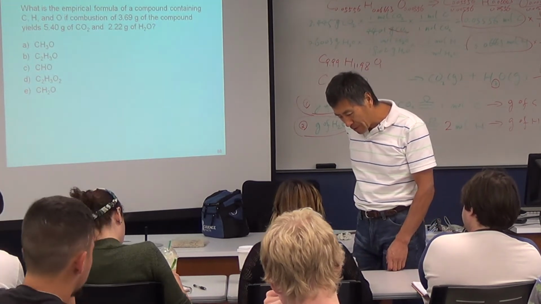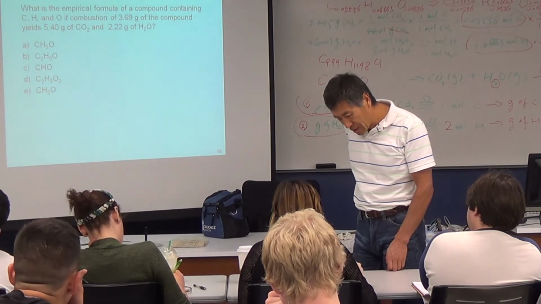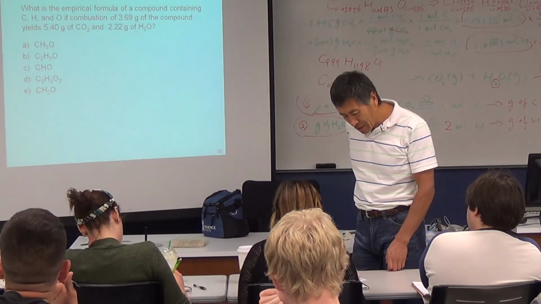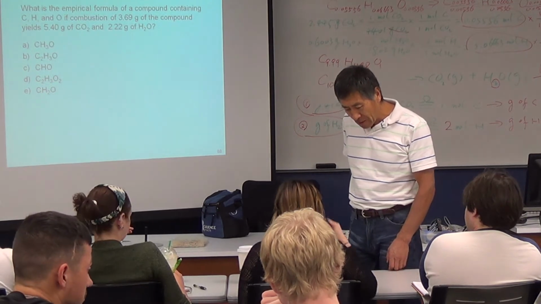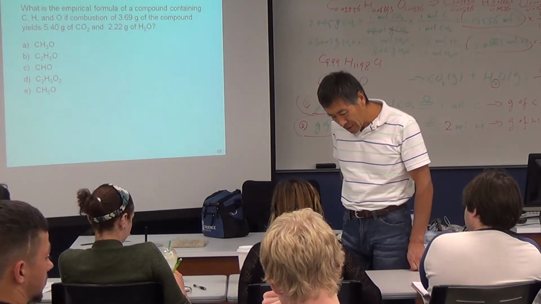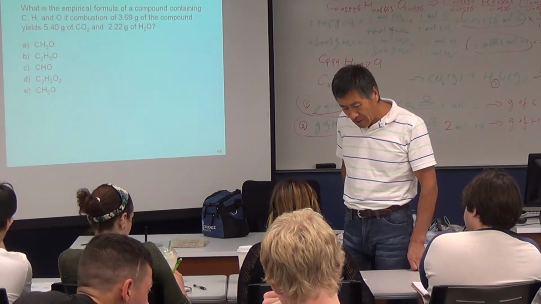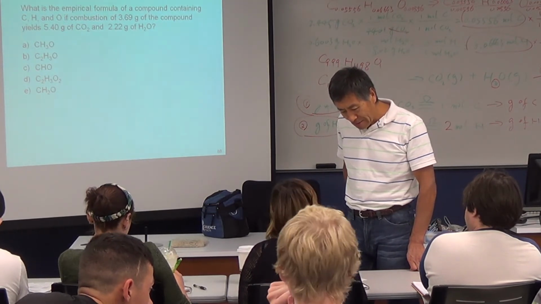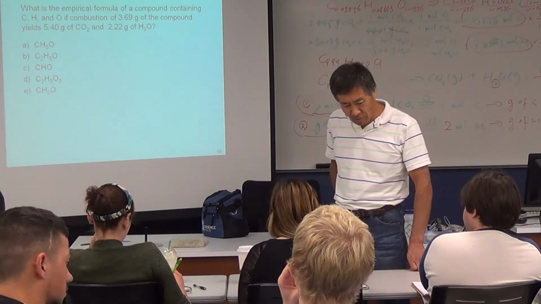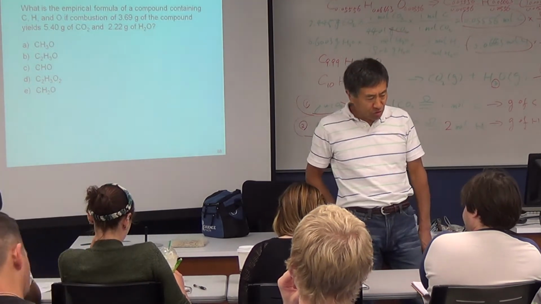You start with the grams and convert, and then I subtracted the grams. Then convert that oxygen to moles. I divide by 16. I have 3 moles. Then I divide by the smallest number to get the largest integer.